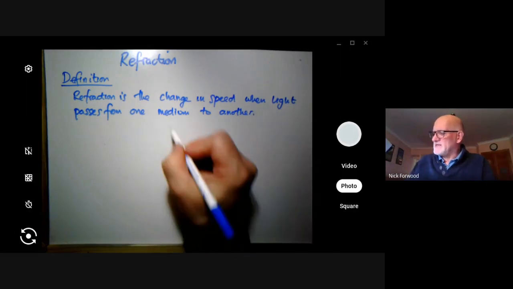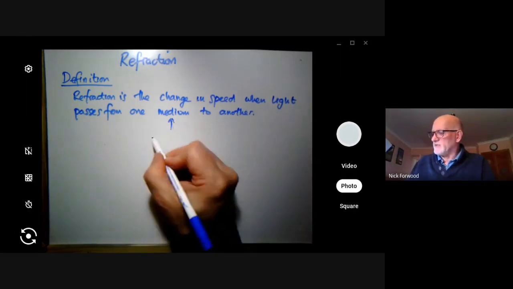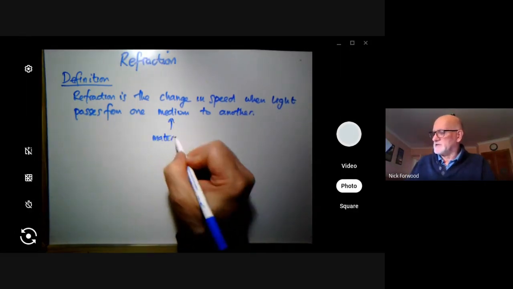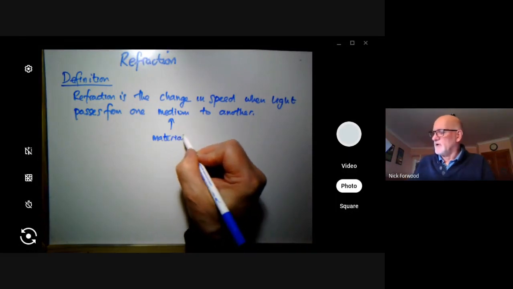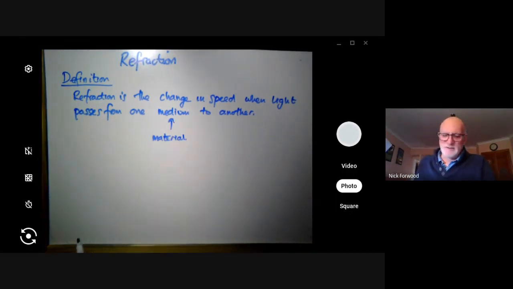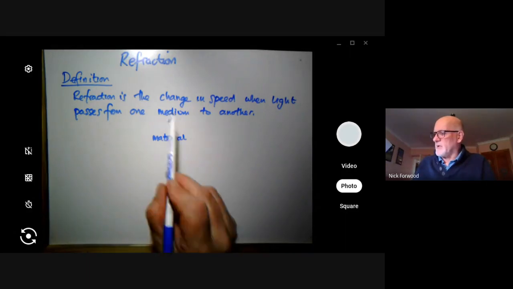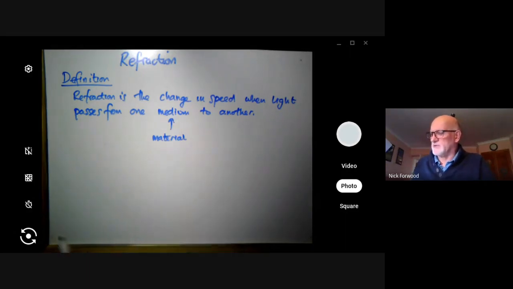Now, a medium just means a material, it's just a posh word for material, but it's a physics word, and if you can remember that, fine. If you can't remember the word medium, just replace it with the word material. Refraction is the change in speed when light passes from one medium to another.